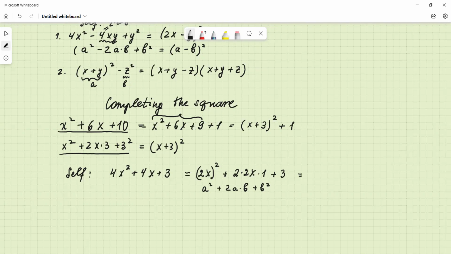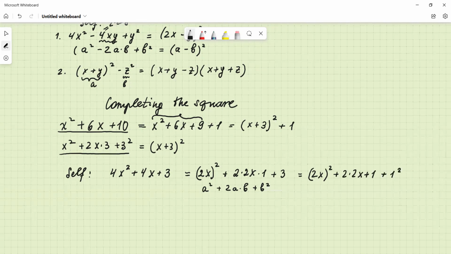Okay, my 2x is going to make my a, right? Then this 2 is the same as this 2, and 2x is the same as a. So the only thing left for b is 1. So I'm going to need 2 times 2x times 1, and to complete this square, I'll need to add 1 squared here.